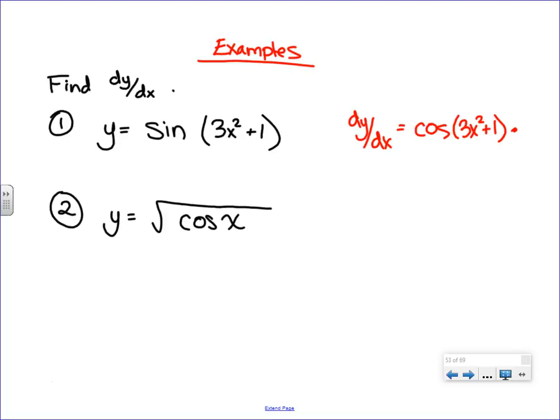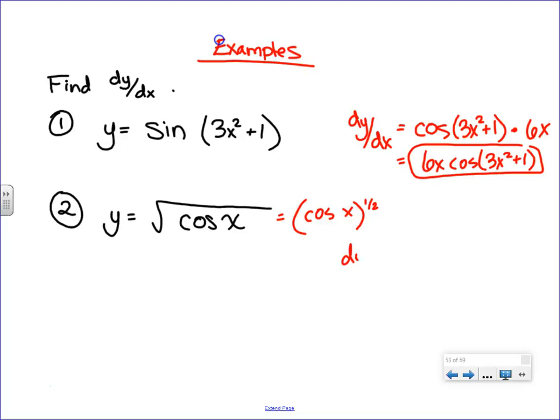Chain rule says multiply. We peel off the sine, look within. The big one's gone now. Let's derive the inner. What's the derivative of 3x squared? 6x. Guess what the final answer is? We write it differently just to make it look pretty, but we're done. For the other one, how would we rewrite something with a square root?